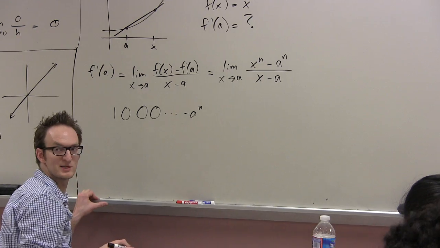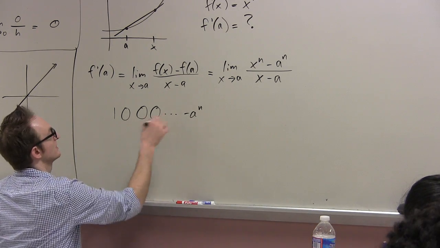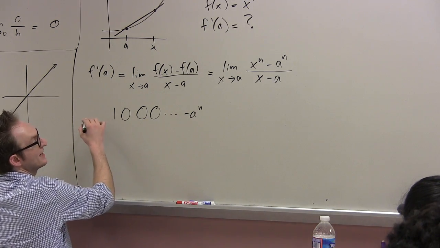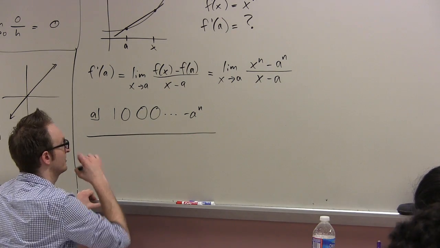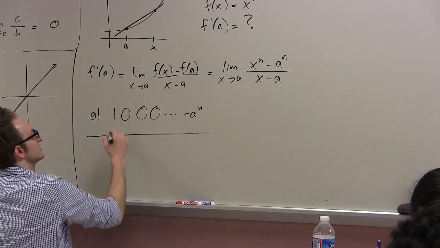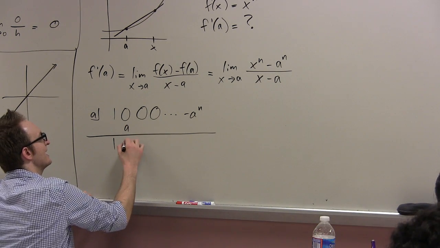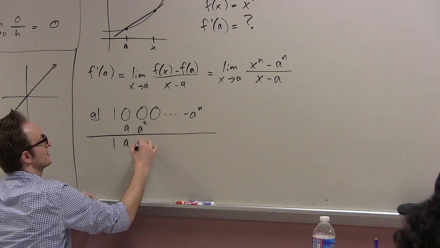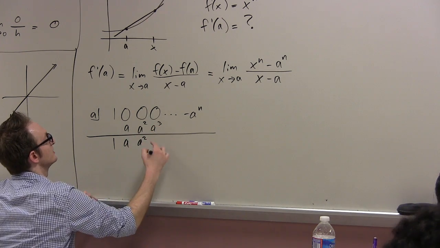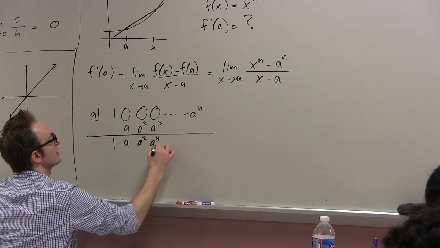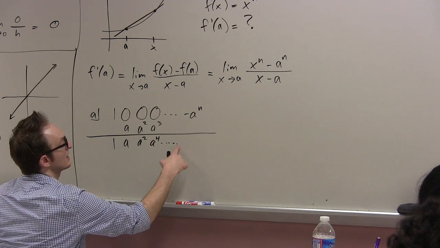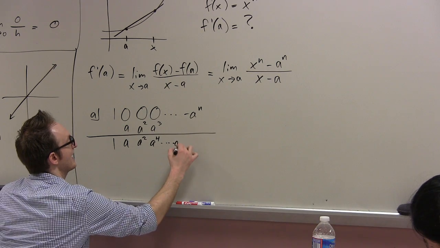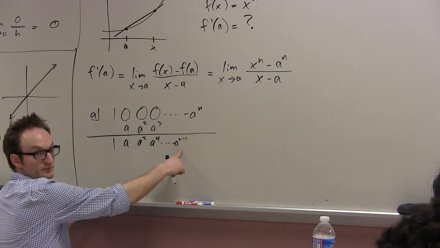So it's kind of a repeat of what we just did, but now we're dividing, it's a little more complicated. And then we're also putting in an a. So let's try to be really careful about this. Hopefully it'll work out. So we get 1, then that's a, then that's a squared, a cubed, a to the fourth. And eventually, we're going to get somewhere down here, like a to the n minus 1.